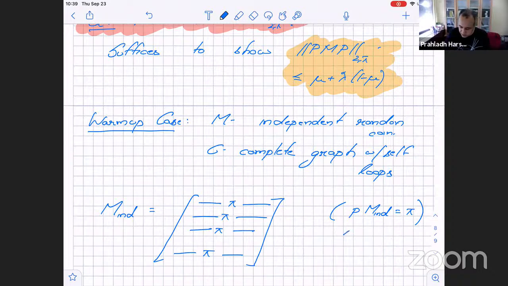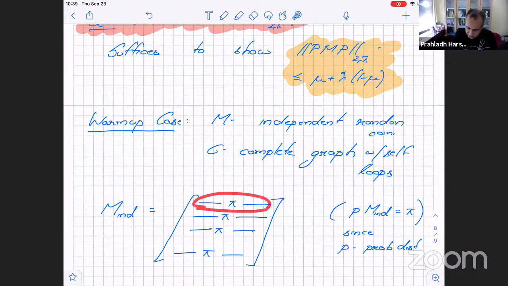This is because P is a probability distribution. Each row is exactly what you see if you come up with vertex B: what's the distribution? A row in this matrix is the distribution induced by the random walk on that vertex, and for the independent random walk, the distribution induced is the stationary distribution pi, for every vertex.